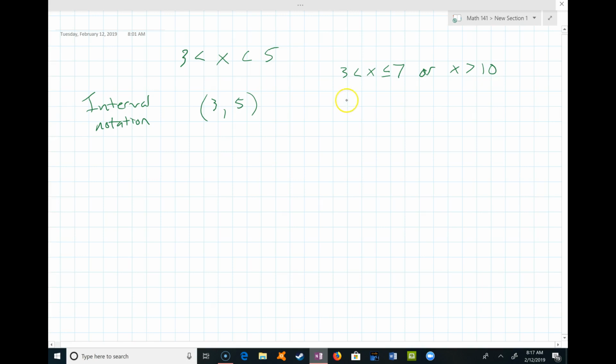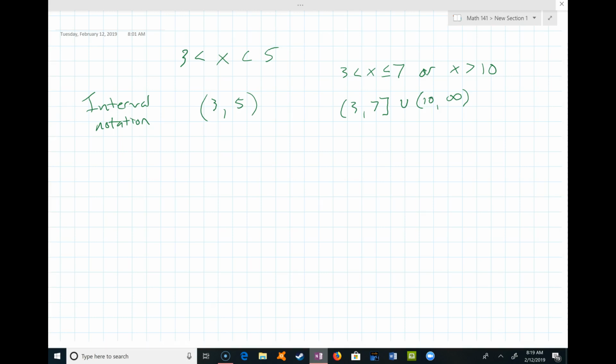So that would be soft bracket for 3, hard bracket for 7, and then we put a little union here, and then this would be from 10 to infinity, and you always put a soft bracket on infinity. Whoops, not 7, that should have been 10. Sorry, 10. Okay, so that's interval notation.